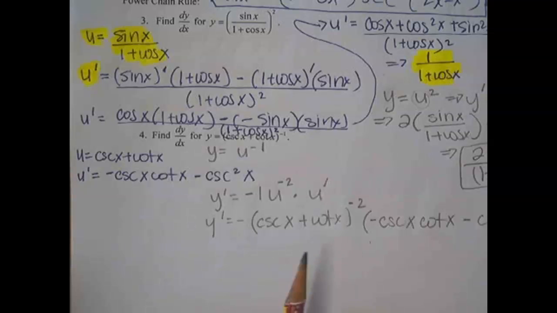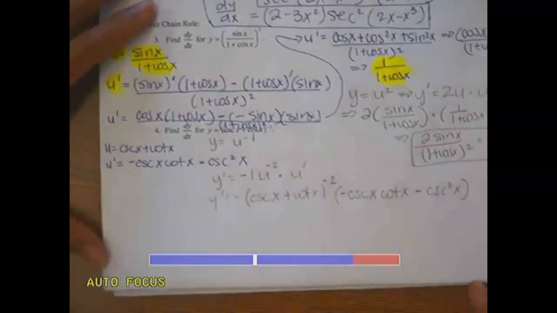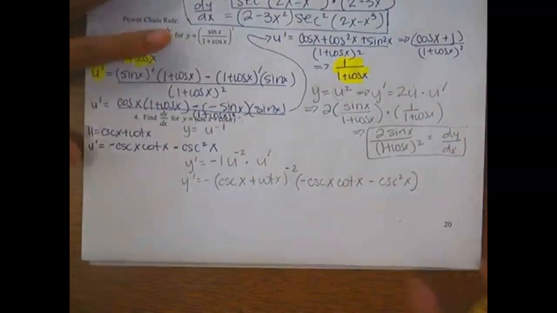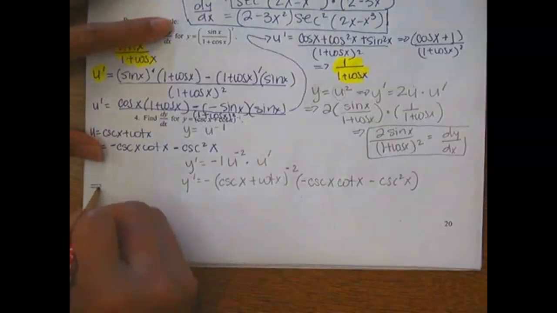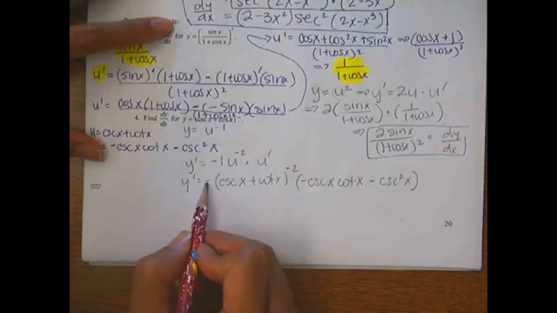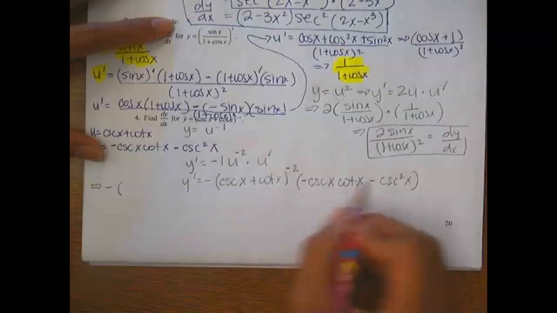Okay, so let's check it out. This has a power of -2, so I'm going to put it in the bottom. Oops, you can't see what I'm writing. I'm going to need a lot of space, so I'm going to try to write this really small. From here, this right here, I'm going to move it to the bottom. So now on the top, I still have a negative, and this stays on the top because it's power 1.